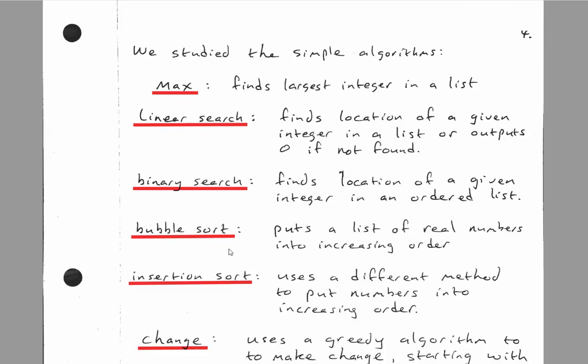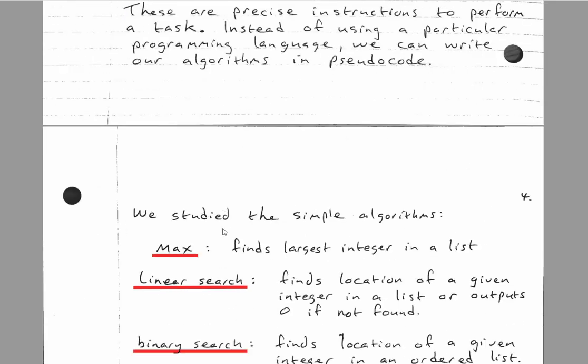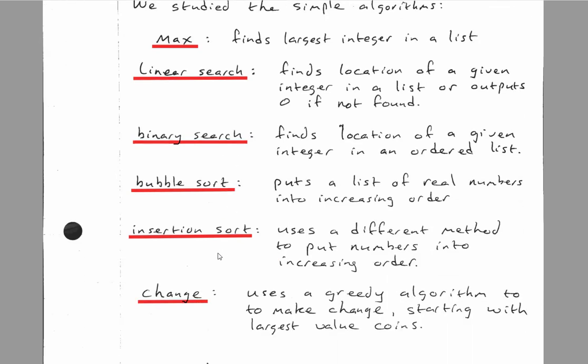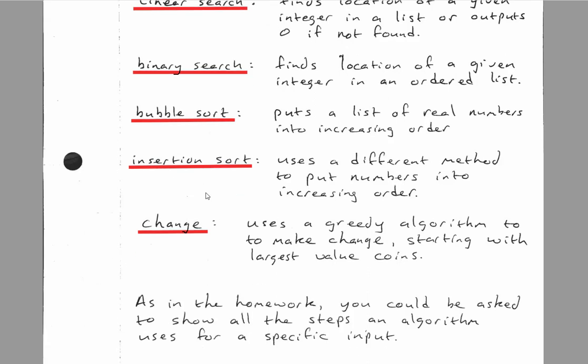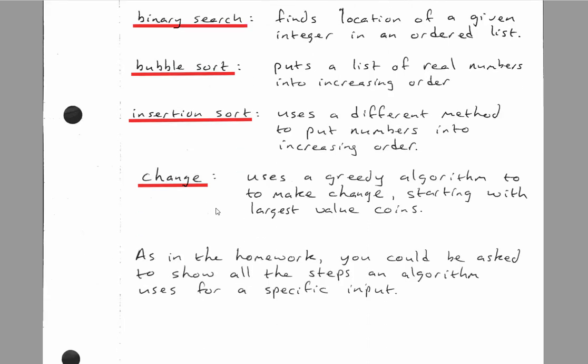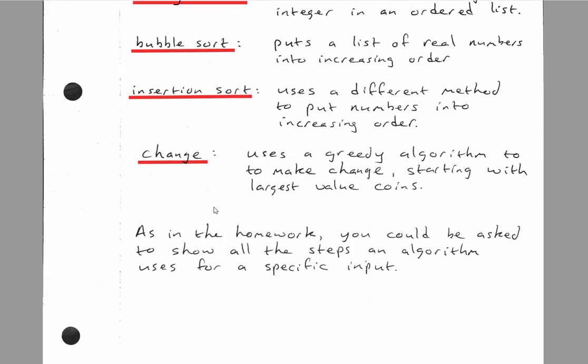All right, so go back, take a look in that section 3.1. Make sure you're familiar with these algorithms. All right, so that was just a quick summary of what we covered in chapters 2 and 3.